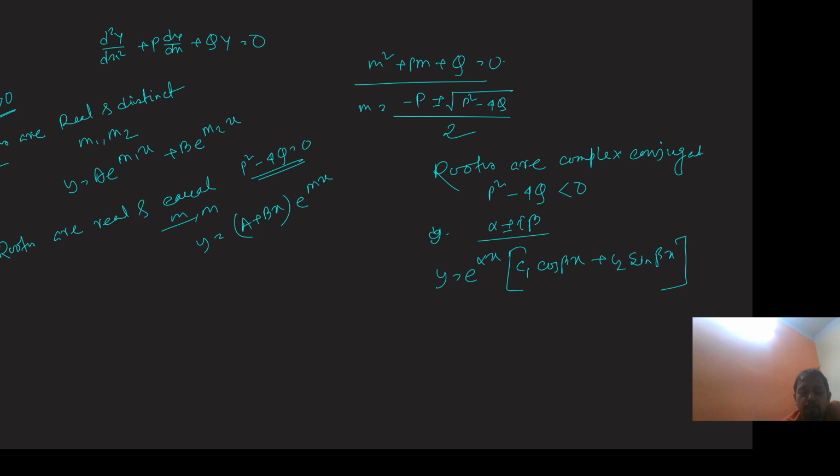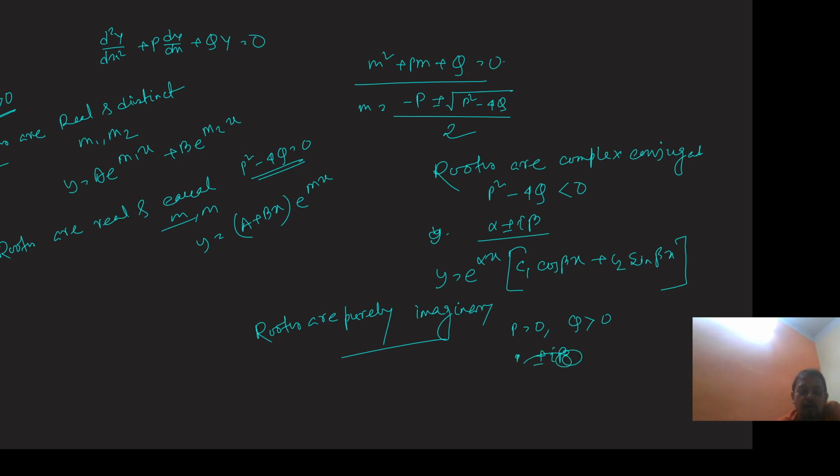When the roots are purely imaginary, it means p is equal to 0, q is greater than 0, and the roots are of the form plus minus i beta.